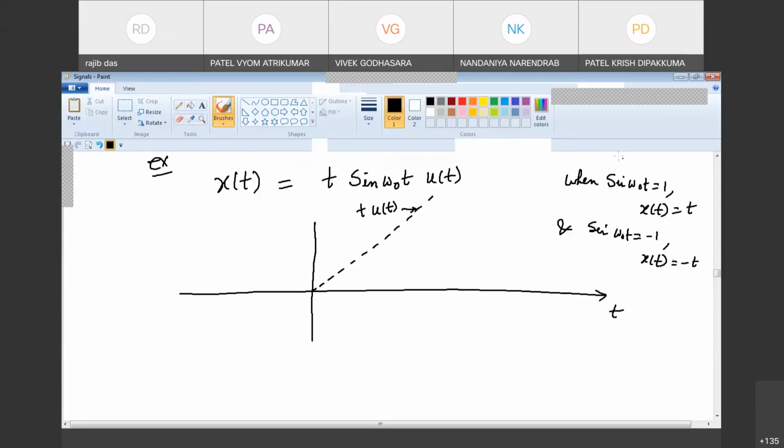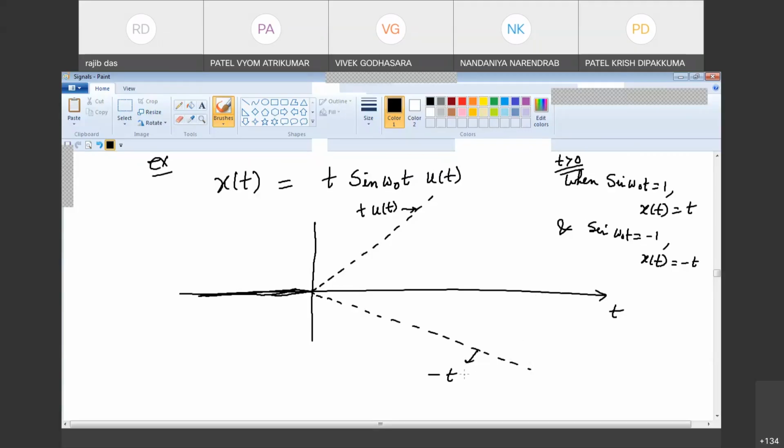I'm considering this only for t more than 0, because this is u(t). Left side is 0, this side there is nothing. So this is your plus t. Can I draw minus t? So minus t, this is your negative sign. The positive, its corresponding negative, so it's a mirror image with respect to the t-axis.